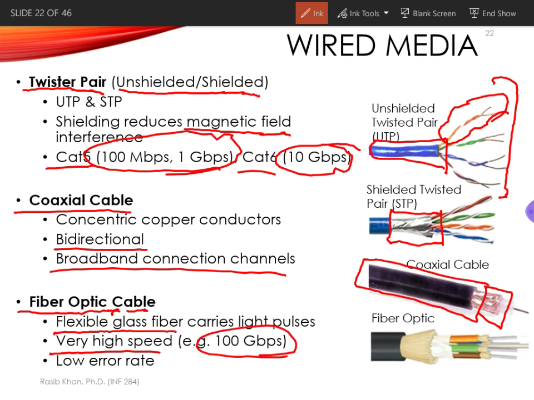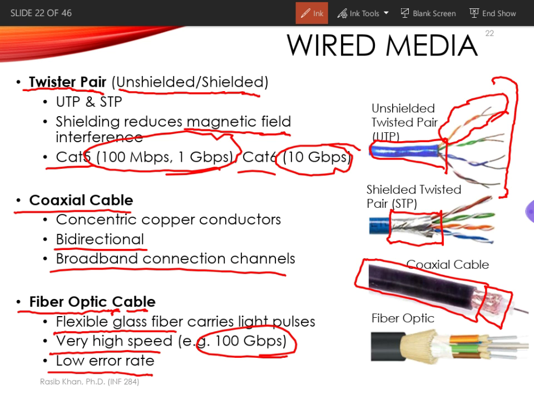And the other thing which makes it very reliable is the fact that it has a very low error rate, which means that there is very little interference, because in both twisted pair and coaxial cable it uses electric signals, while in fiber optics it uses light, and light does not have any form of external interference.